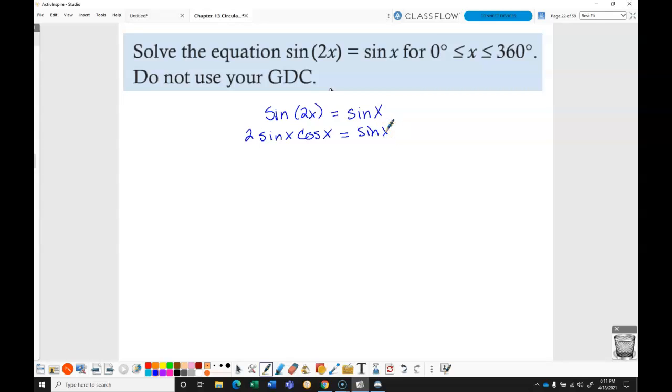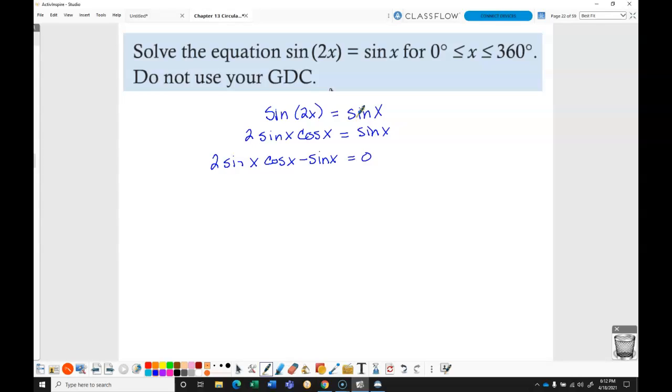All right. At this point, I think what I want to do is bring everything over and set it equal to 0. 2 sine x cosine x minus sine x equals 0. At first I thought about dividing sine x out of both sides, but the problem with dividing it out is that we would lose it, and we still need it to be a factor.